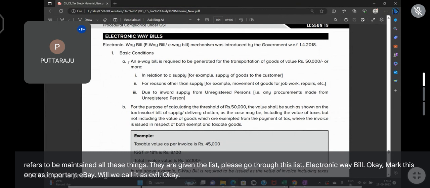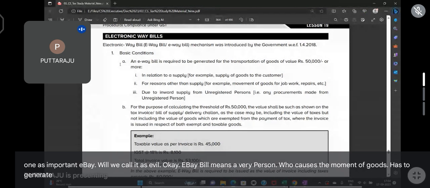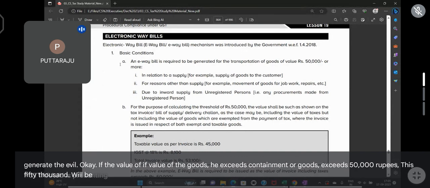Okay, e-way bill means every person who causes the movement of goods has to generate the e-way bill. If the value of the consignment or goods exceeds 50,000 rupees, this 50,000 will be inclusive of your GST.